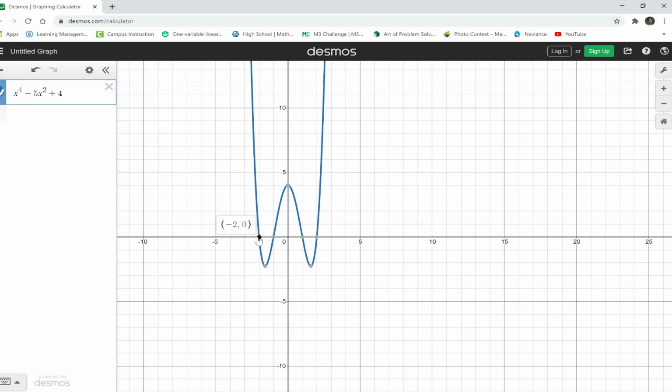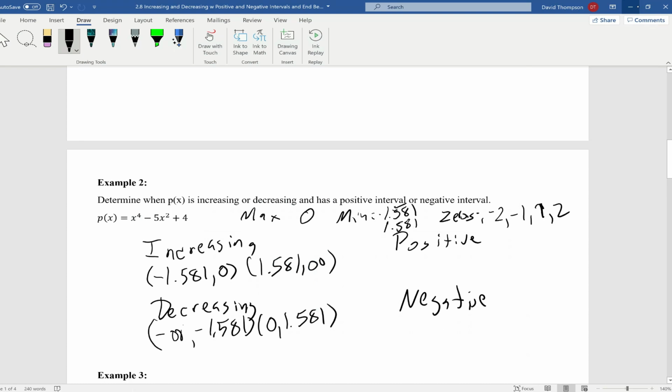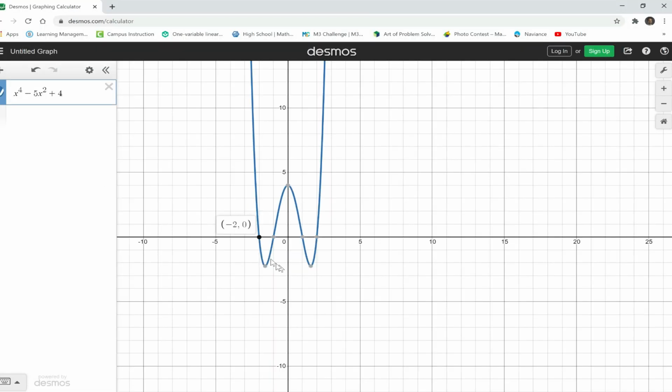So we start positive from negative infinity to negative 2. We're above the x-axis. So negative infinity to negative 2, we're positive. And then we go negative from negative 2 to negative 1.